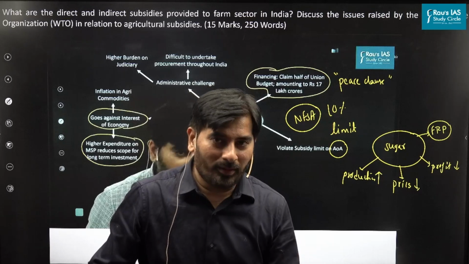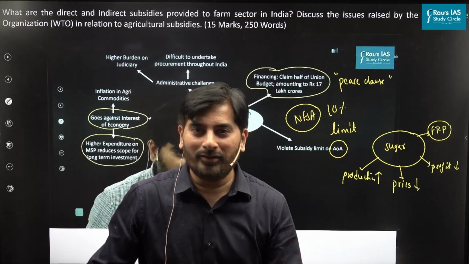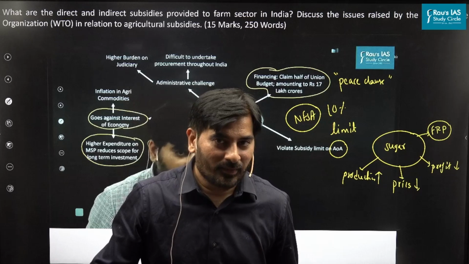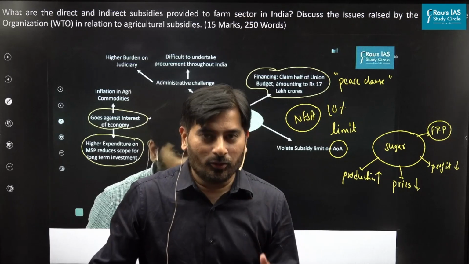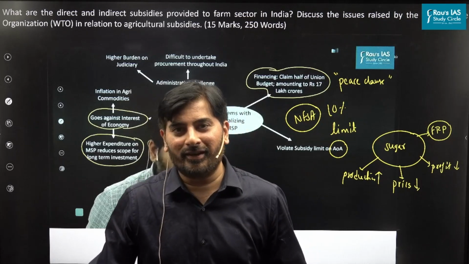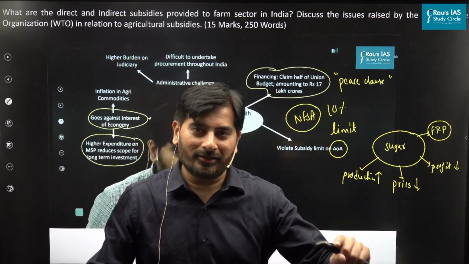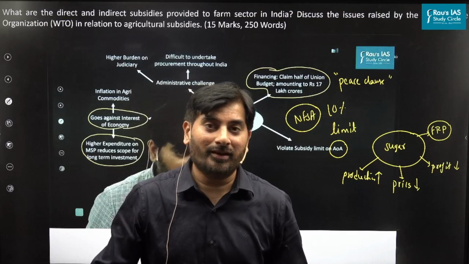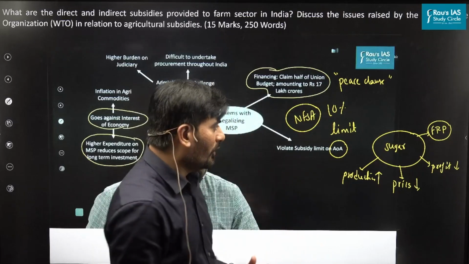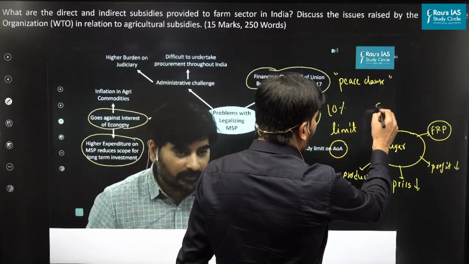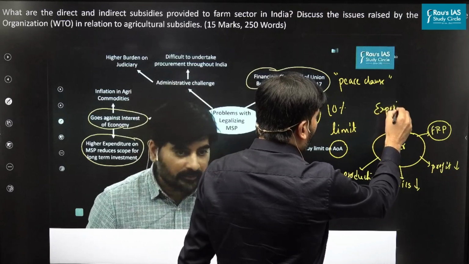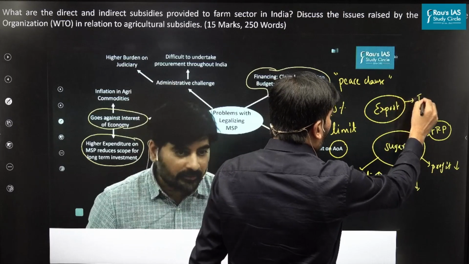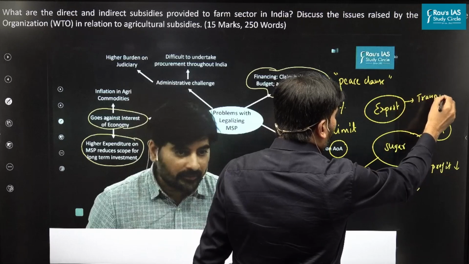So we had a problem. The problem was there was a surplus sugar production, which in turn reduced the ability of the sugarcane industries to pay the cane arrears to the sugarcane farmers. So the government came up with an idea. The idea was to boost export of sugar by providing a transport subsidy.